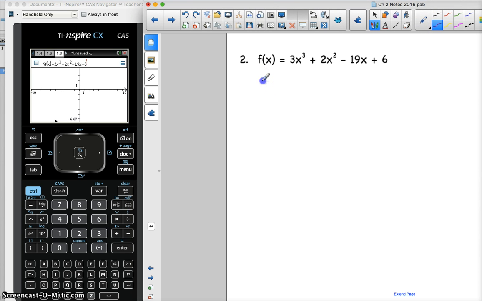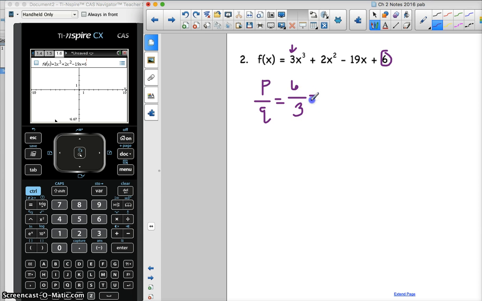Remember, our possible rational zeros are p divided by q, where we're looking for factors of p divided by factors of q. Recall, p is the constant. Here our constant is 6, divided by factors of our leading coefficient, which is 3.